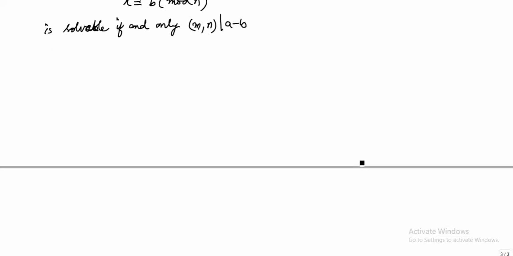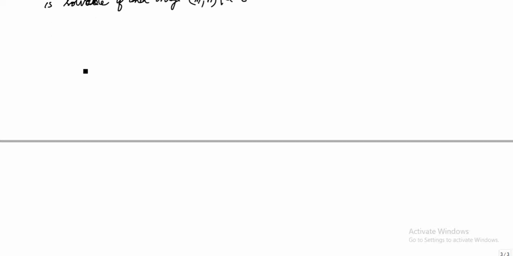Let me give an example for that. Okay, consider a system x is congruent to 3 modulo 6 and x is congruent to 5 modulo 8.